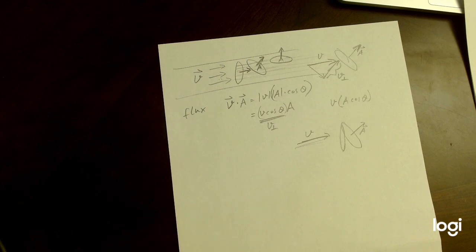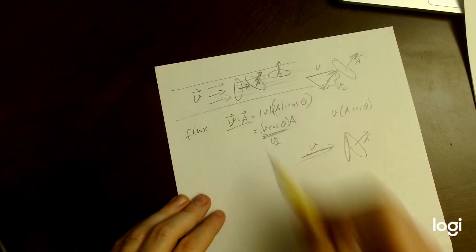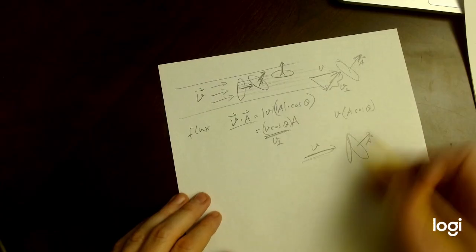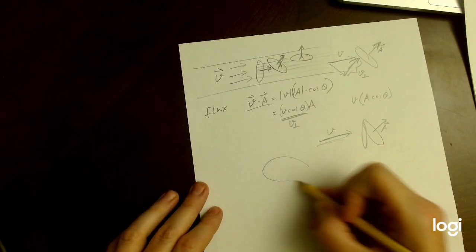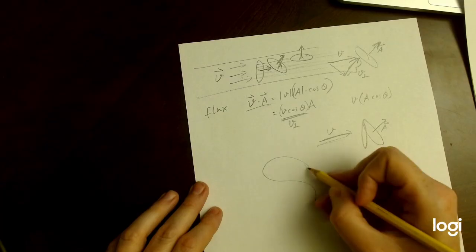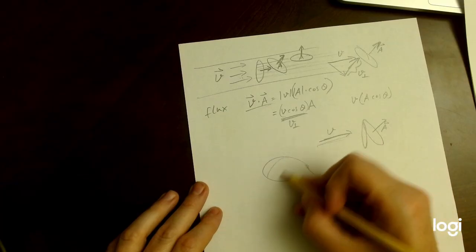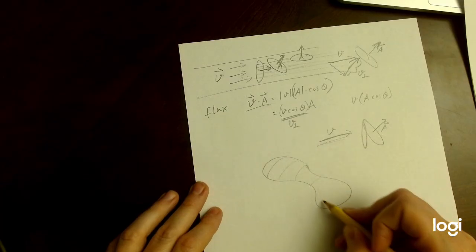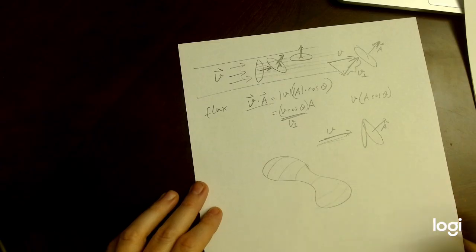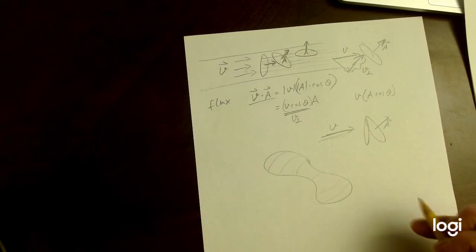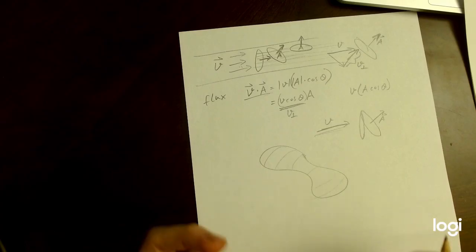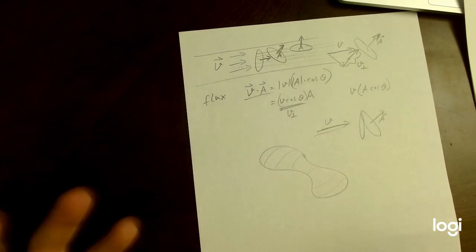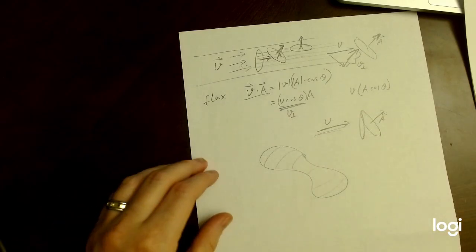So that's going to be important because it will describe how much of this vector field is allowed to pass through a surface. And now imagine that this is some 3D, I guess I drew almost like a weird peanut shape here. So this is a 3D surface that's closed, meaning you could kind of pick up this object and there's no holes in it.